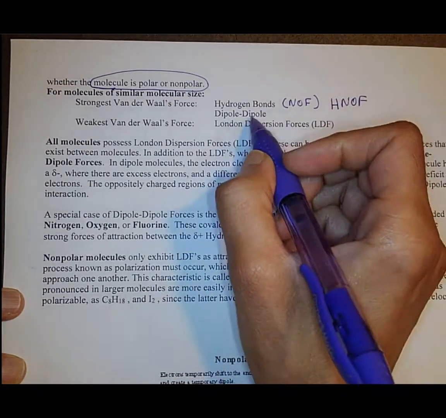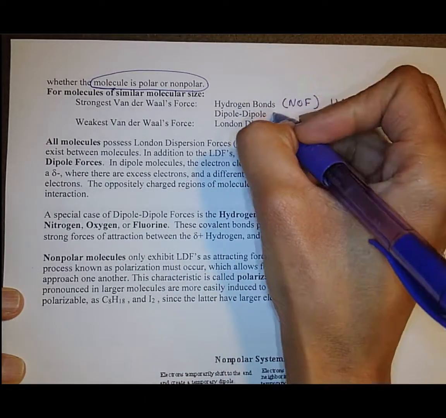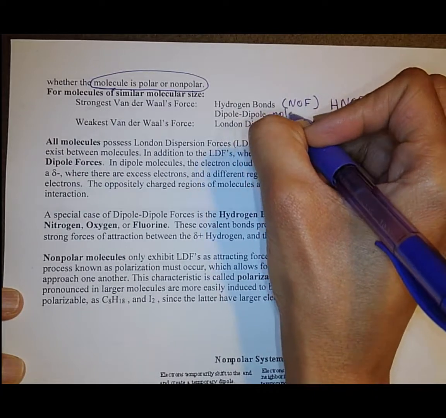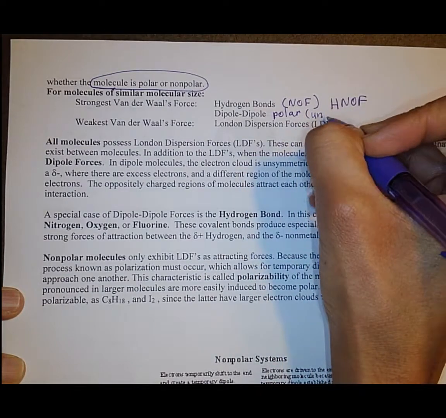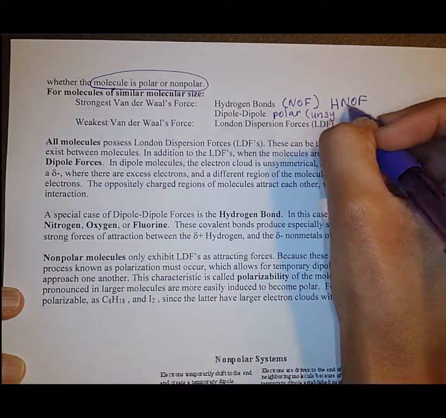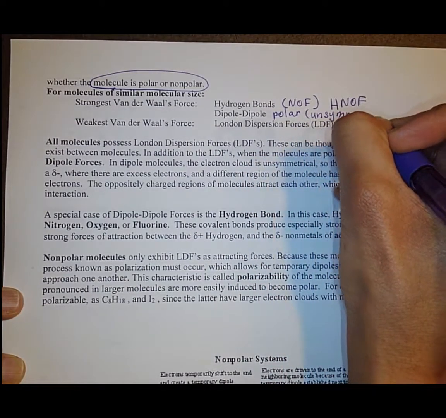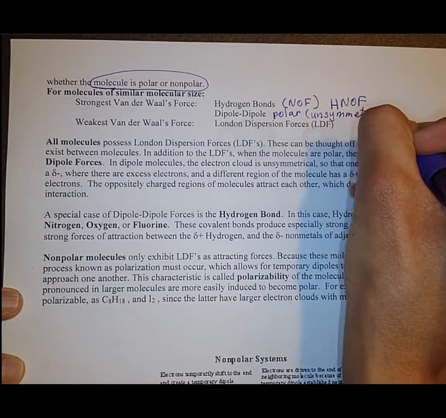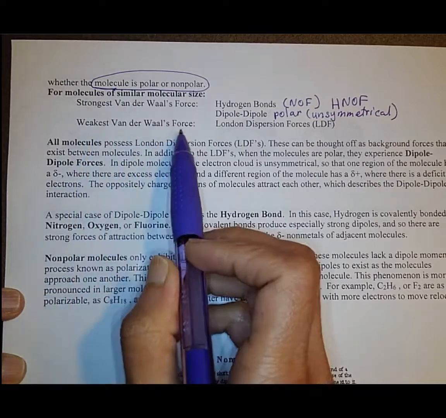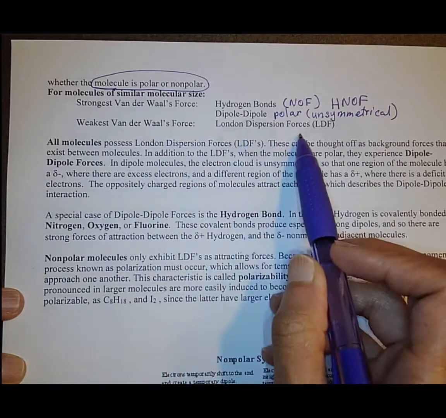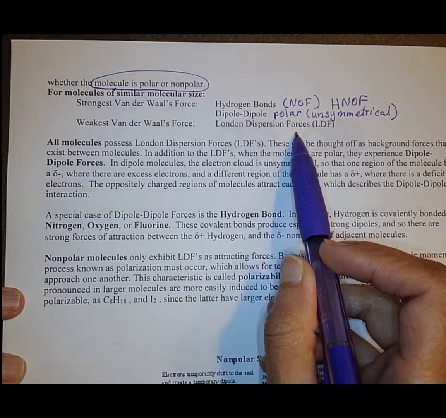And then the dipole-dipole, keep in mind, exists when a molecule is polar. That means that it is unsymmetrical. It is uneven pulling of those electrons. And then we have our weaker van der Waals forces, which are just the basic, typical London dispersion forces.